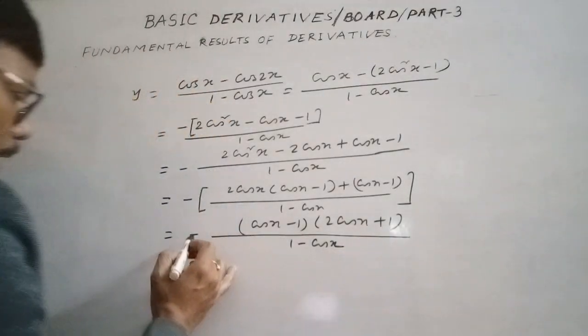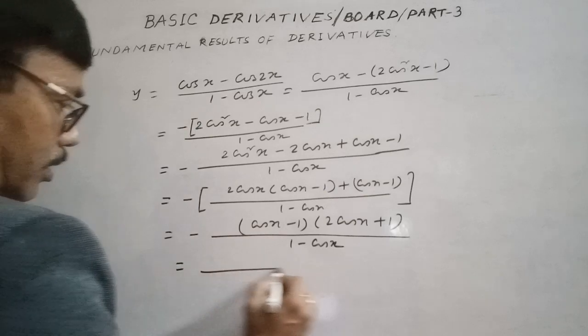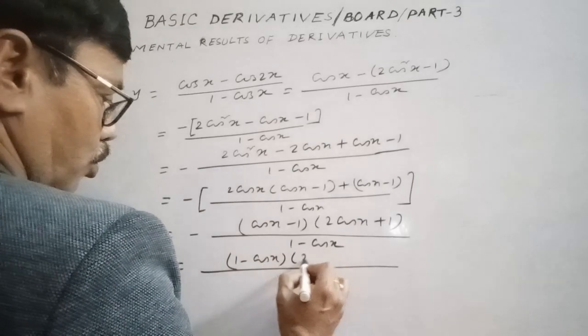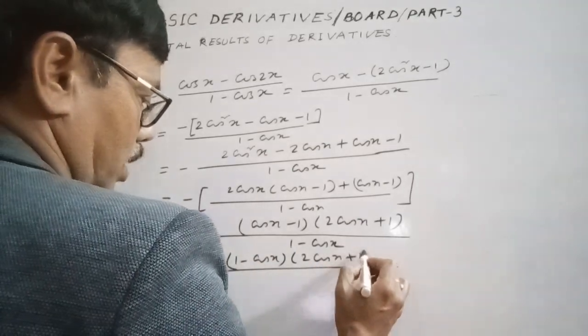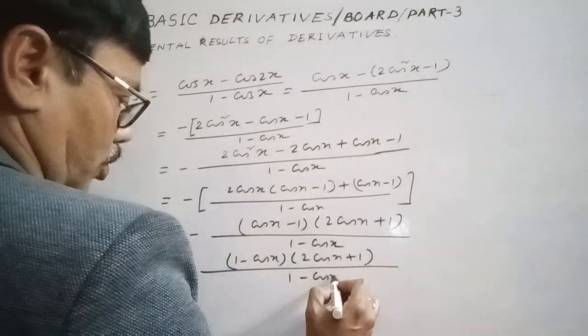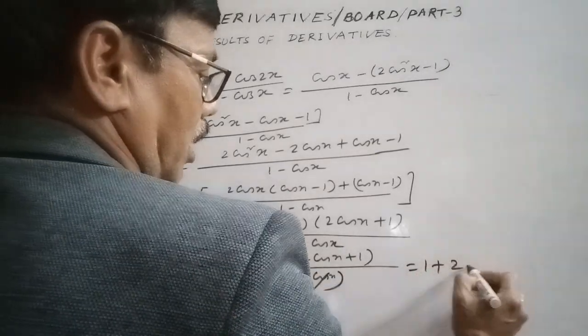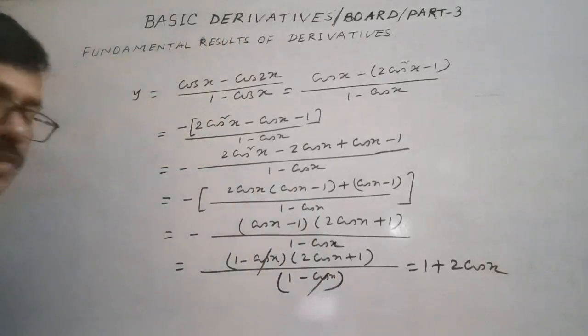If you multiply by minus, it will be 1 minus cos x, 2 cos x plus 1, by 1 minus cos x. So 1 minus cos x cancels, finally 1 plus 2 cos x.